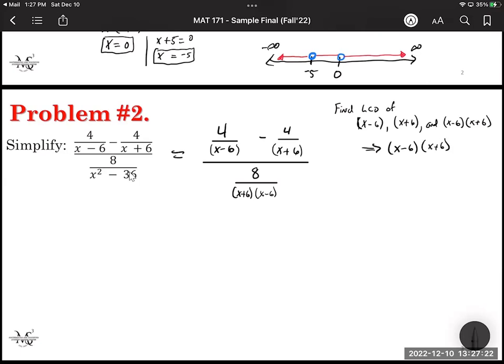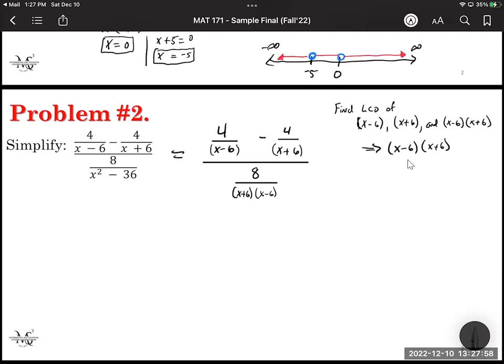In your denominator, you originally had 8 over x squared minus 36. You found that when you write it in its factor form, the denominator is actually 8 over x plus 6 times x minus 6. And if you look at the numerator, the denominators, which were x minus 6 and x plus 6, were part of the factors of x squared minus 36. So therefore, your LCD is simply x minus 6 times x plus 6.